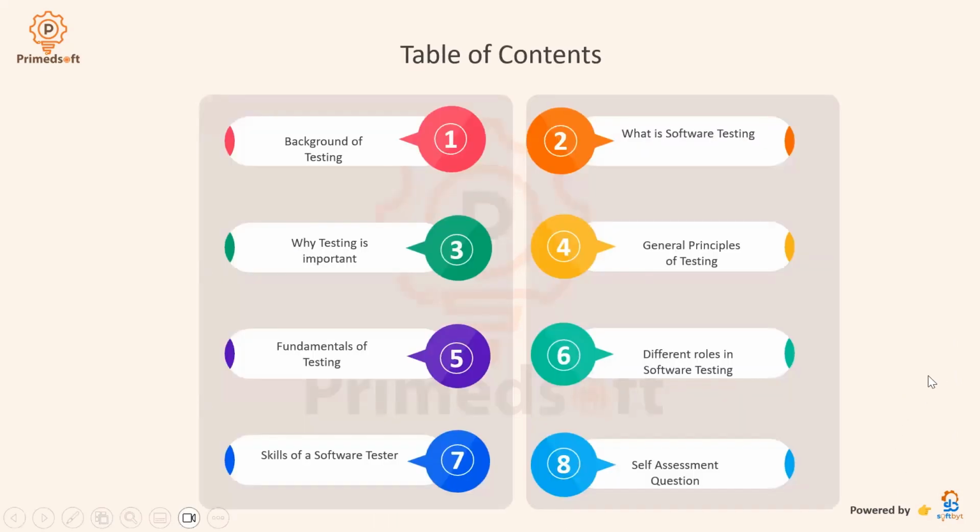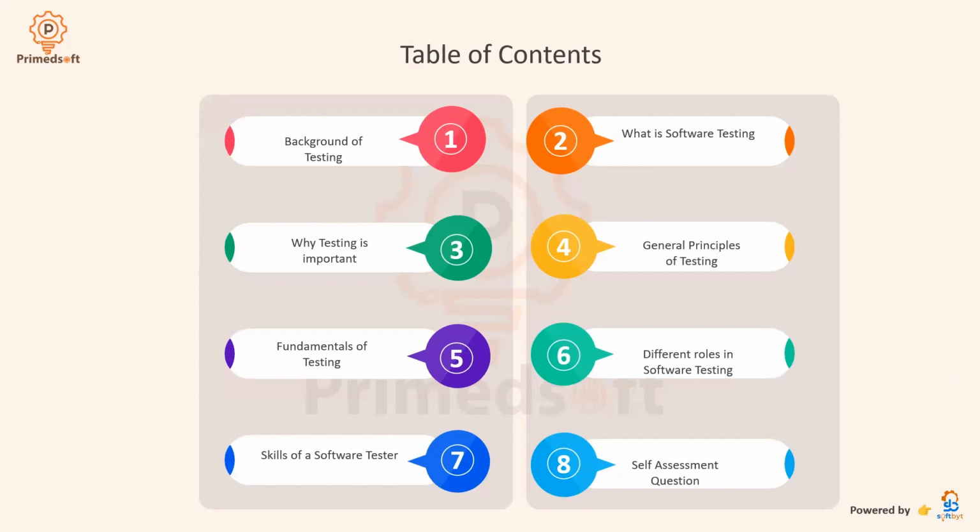So our table of content. We'll be discussing the background of testing. We'll be talking about what is software testing. We are already working as software testers, right? So it's important to know exactly what we're doing.